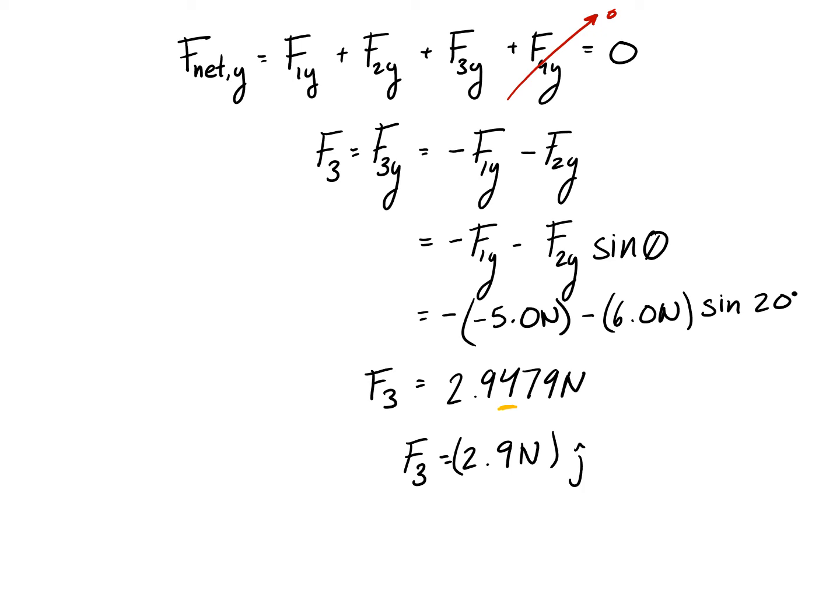Part B is similar, however, now we're going to only be using the x direction. Because in part B, we are being asked to solve for force 4. So force 4 is in the x direction and in the x direction only. So we can only use the net force in our x direction.